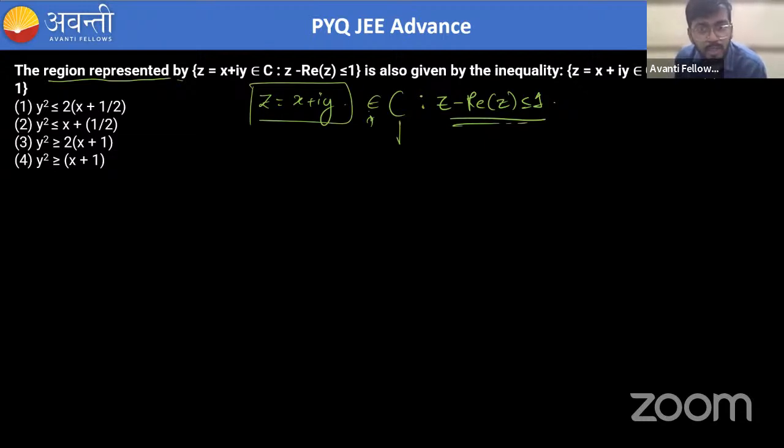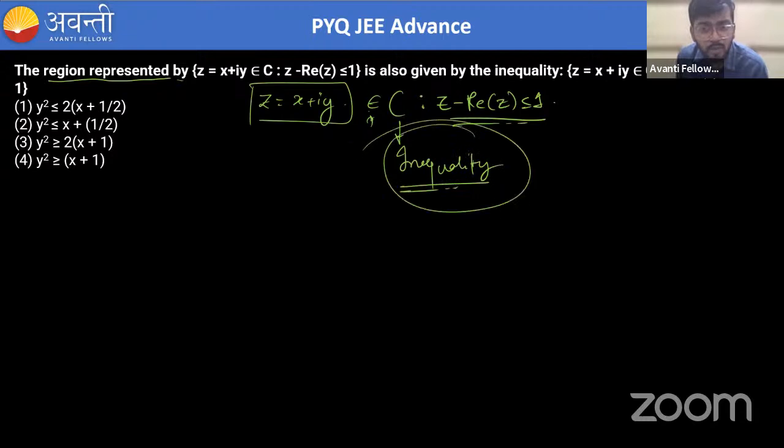This can also be written by an inequality. So out of the four options, which inequality will also represent this, that mod z minus real part of z is less than equal to 1, right?